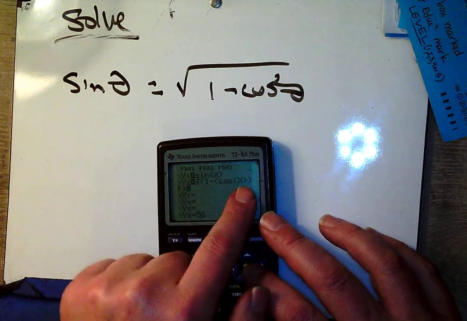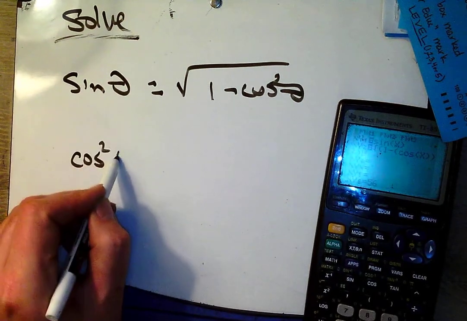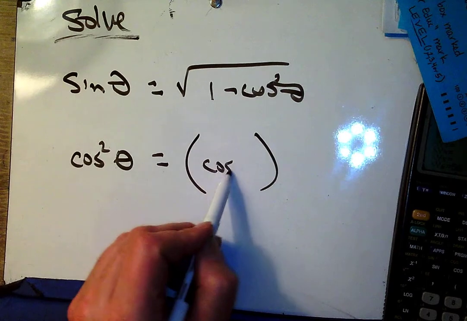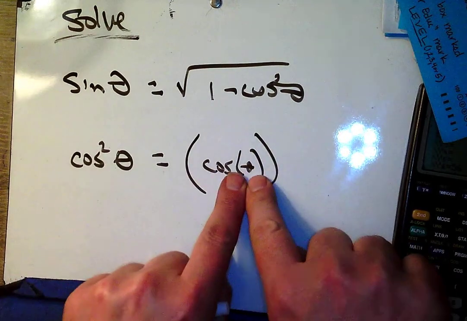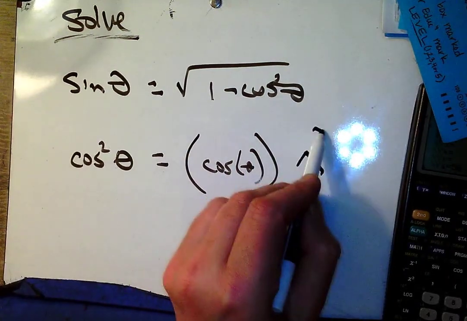Because I opened 3, I had to close 3. When I want to do cosine squared theta in my calculator, I have to do cosine theta, close that, and then say squared.